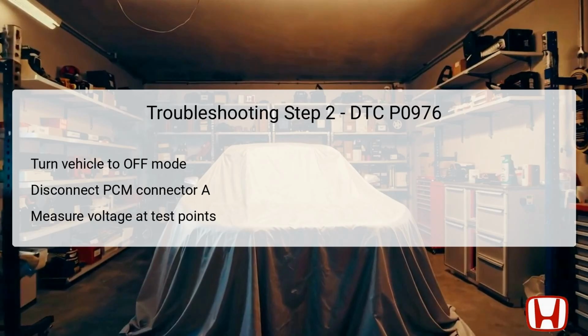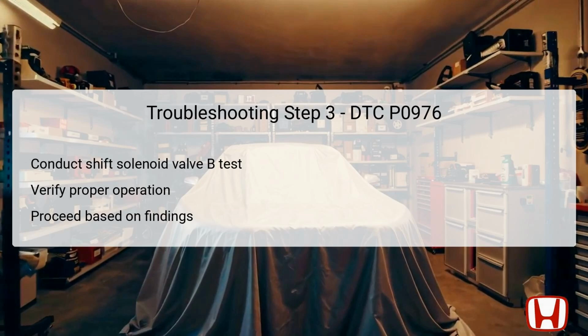If battery voltage is present, the IG1 mis-sole wire is considered intact. If not, further inspect the fuse and wire continuity as outlined in the subsequent troubleshooting steps. The third troubleshooting step is to directly determine the operational status of the shift solenoid valve B.